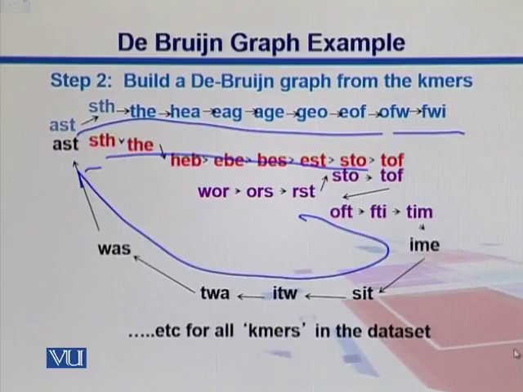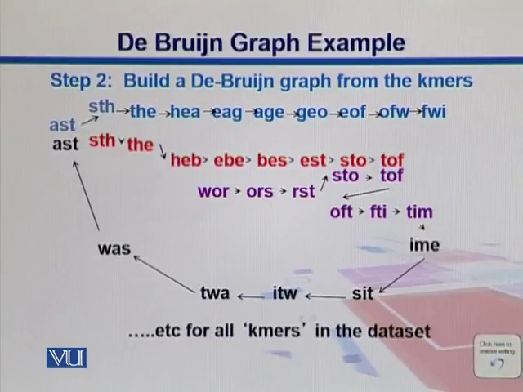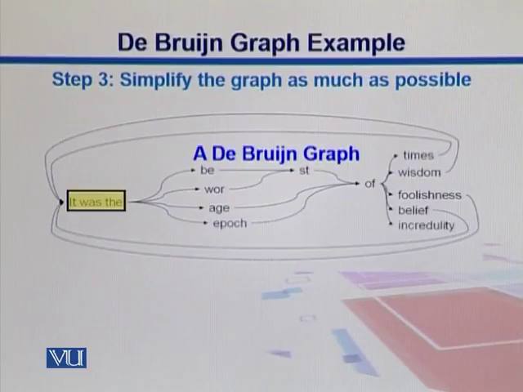In the end we simplify this graph, and what we get is something like this. It was the consensus amongst them. At this position we have these three words together, and in between we have different options.